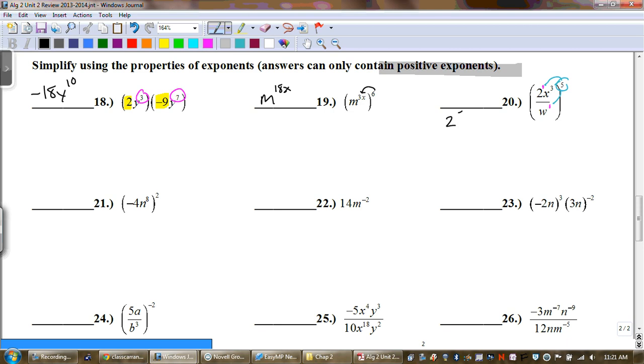So we get 2 to the 5th power, x to the 15th because we multiply, and w to the 5th. And now we can simplify that because we know what 2 to the 5th is. That's 2 times 2 times 2 times 2 times 2. It's 32.